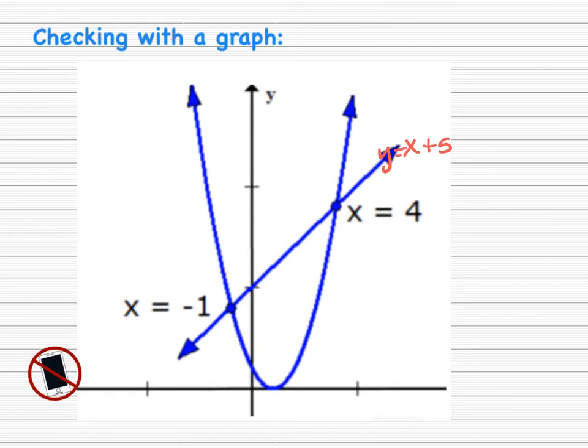The parabola is the other side of the inequality, which was x squared minus 2x plus 1. So this is a graph of y equals x squared minus 2x plus 1. Those are the left and right sides of the inequality, graphed as their own equations.